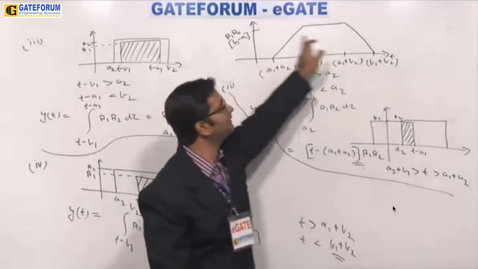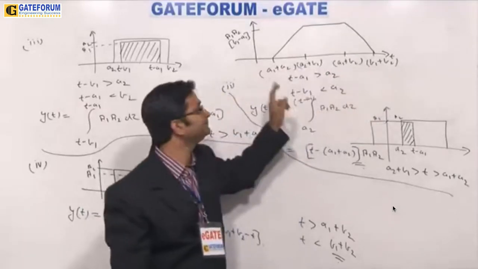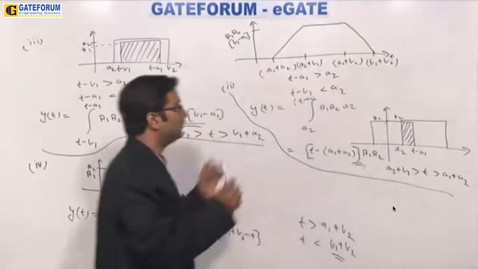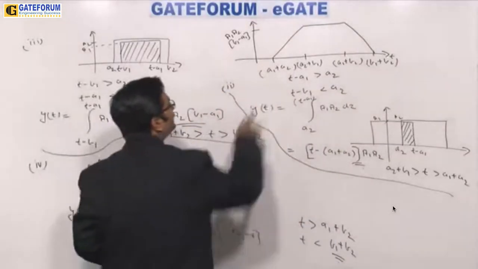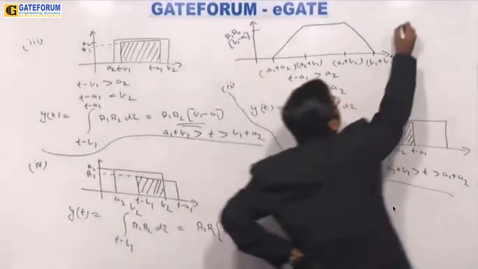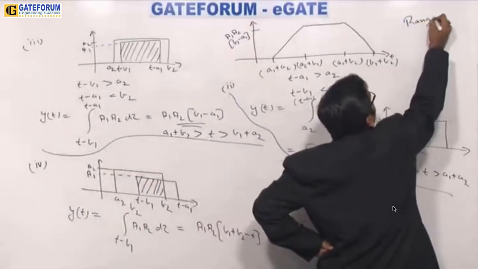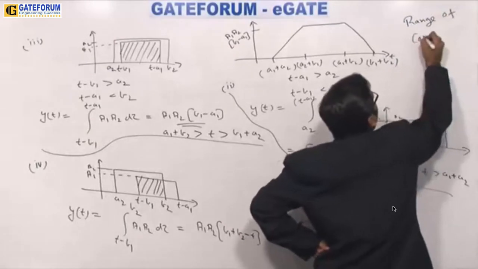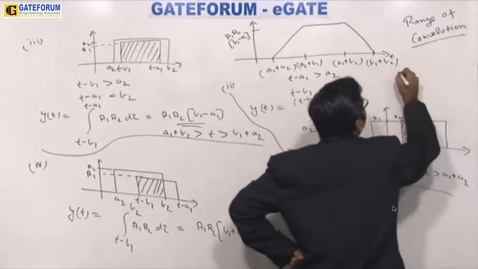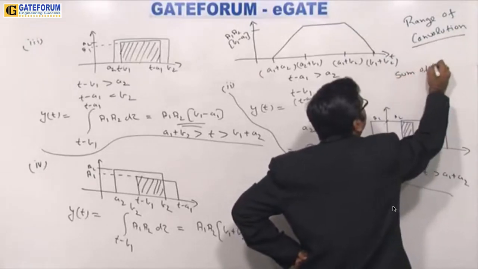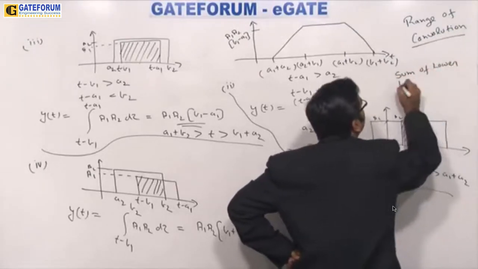That's the range of the complete convolution. Okay. Beyond this, convolution will not exist. So that is one important thing which we can note here. I can write here the range of convolution: sum of lower limits.